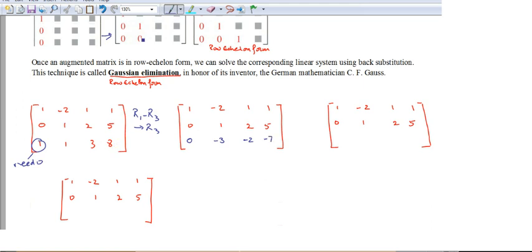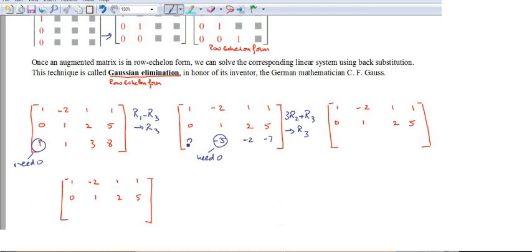And now the next step, as we see here, I need a 0 in here, which I already have. Need 0 in here, I already have. So I move to this step here. Well, I need the bottom here equal to 0. That means here I need 0. So if I need 0 here, I could use row 2 with row 3. How I do that, I say 3 multiplied by row 2, that will give me 3 here, and add it to row 3, so it becomes 3 minus 3, and move the result to row 3.